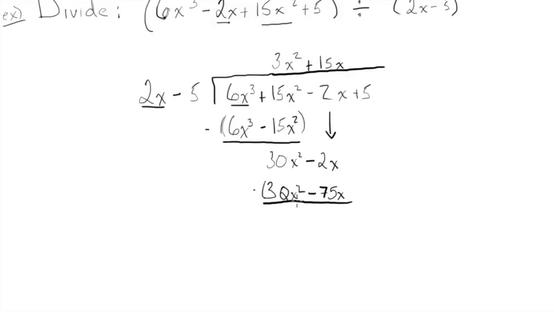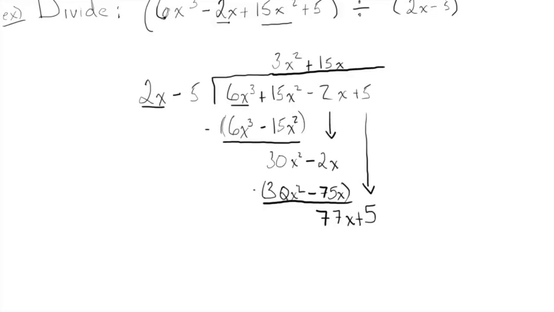So now you're going to subtract. 30x squared minus 30x squared, 0. So that first term goes away. Negative 2x minus negative 75x would be positive 77x. Bring down the 5.